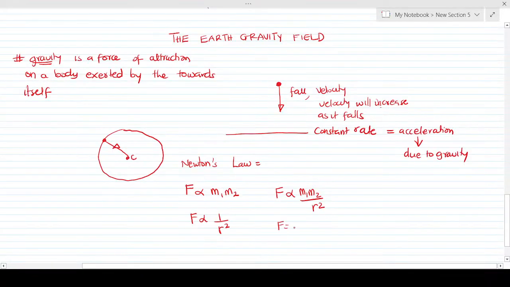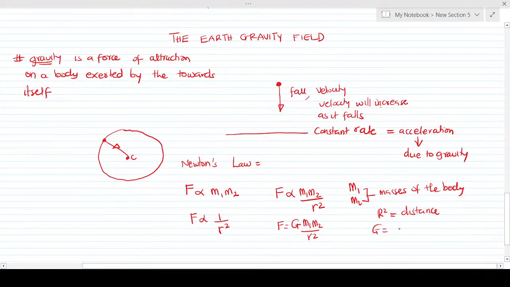Removing the proportionality sign, we have F equals G M1 M2 over R squared, where M1 and M2 are the masses of the bodies and R is the distance between their centers.